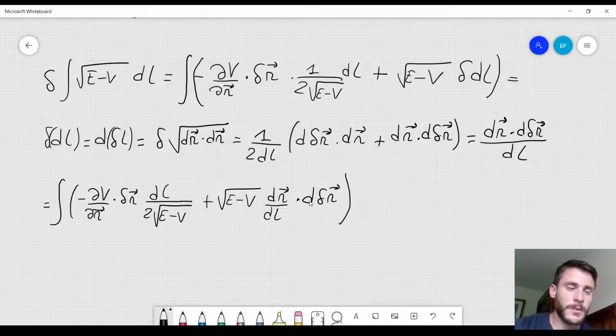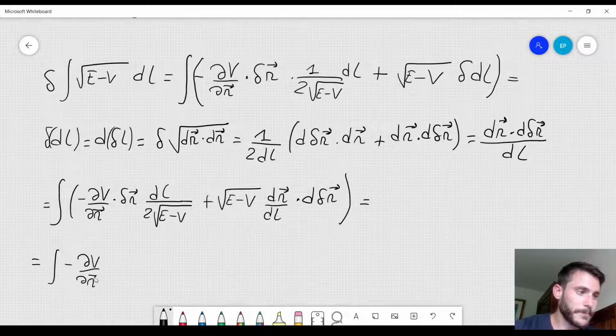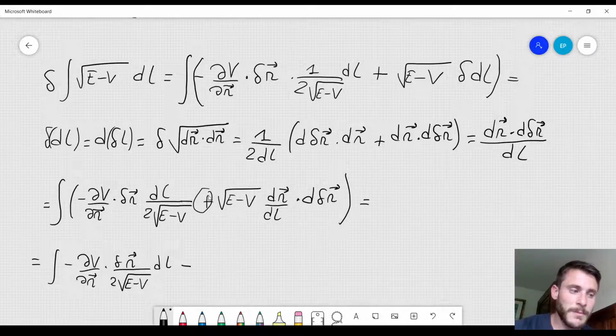And now what I'm going to do is I'm going to integrate by parts this second part of the integral. So the first integral will remain the same, and I have integral of minus dV over dr dot product dr over 2 square root of (E minus V), dl, and then I have minus.